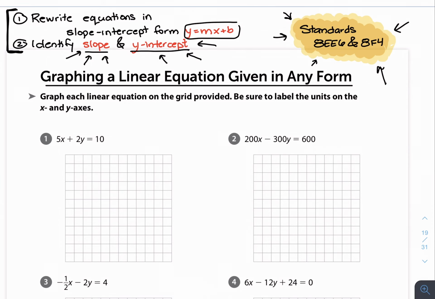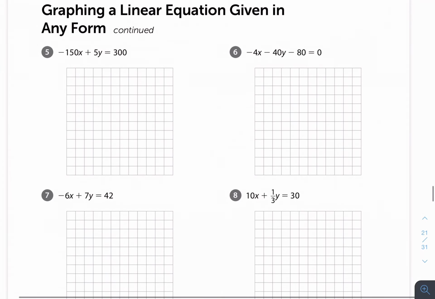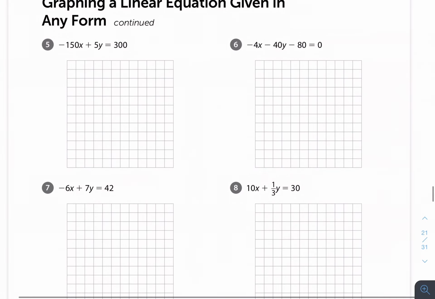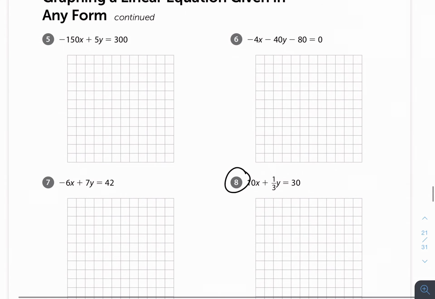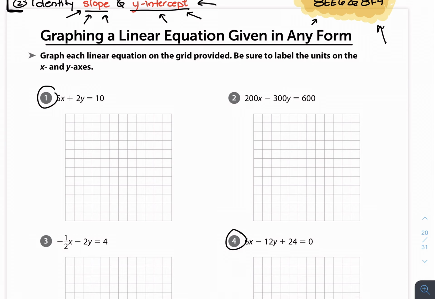I'll start with number 1 and I'll also do number 4 and number 8, and then I'll leave the rest to you. Let me read the directions. It says graph each linear equation on the grid provided. Be sure to label the units on the x and y axes.